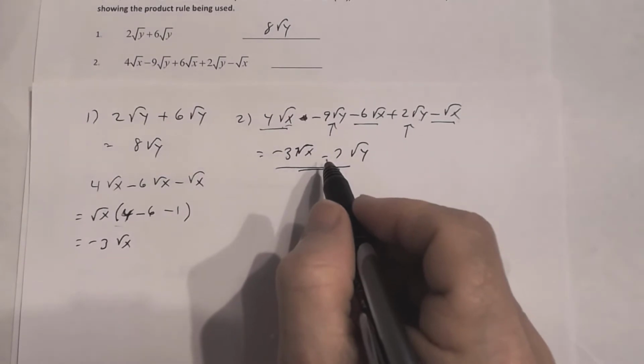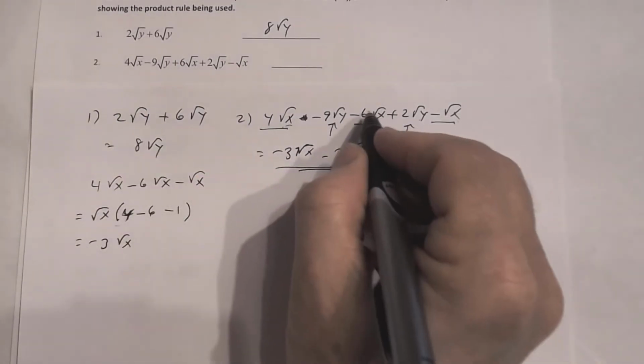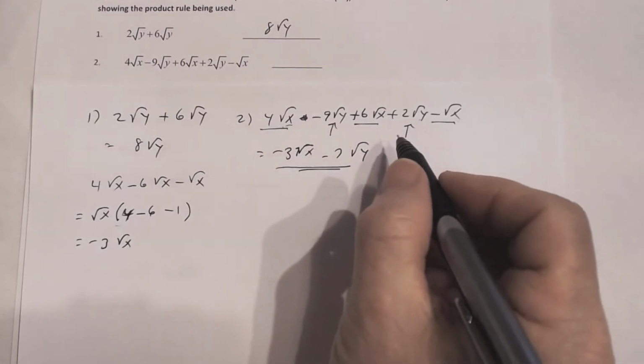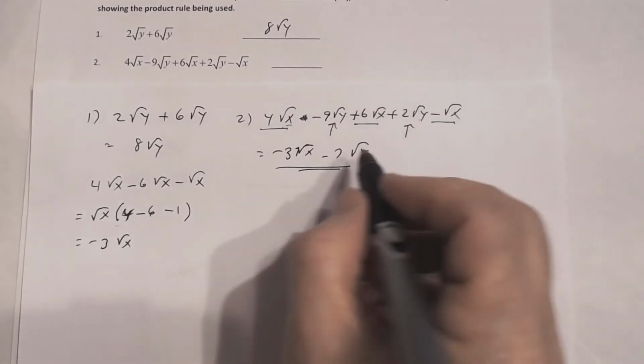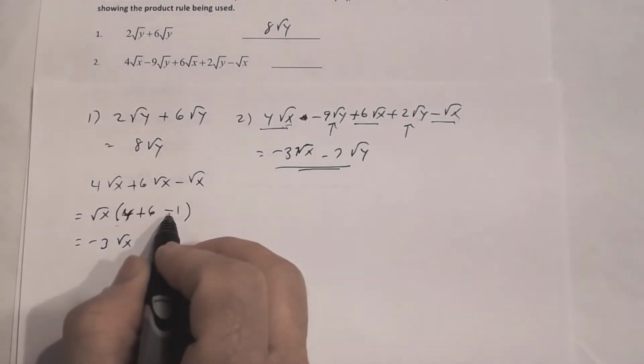Let's see, I may have written something wrong. That should be minus 4, plus 6, so that should be plus 6. Be careful as you write things. You can easily mess up, and on a quiz or a test you're going to lose points. So let's go back and fix this. This will be plus 6, correct? So 4 plus 6 is 10. 10 minus 1 is 9.